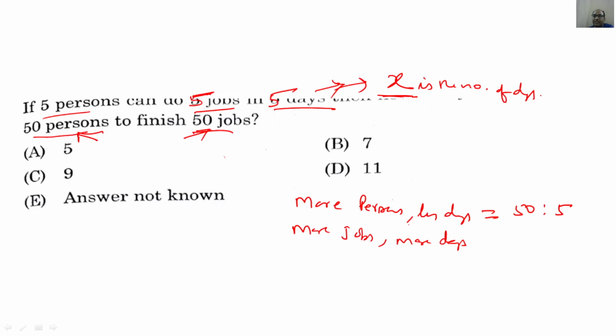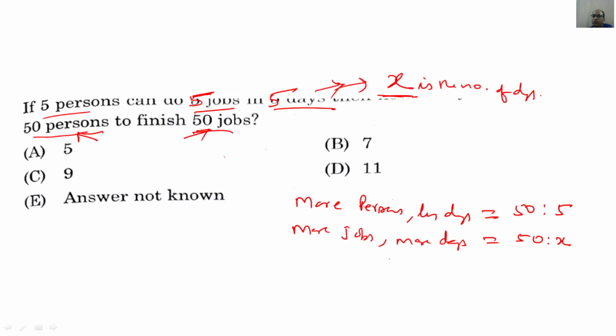Right, more jobs, more days. So here again 50 is to X number of days. Right? Okay.